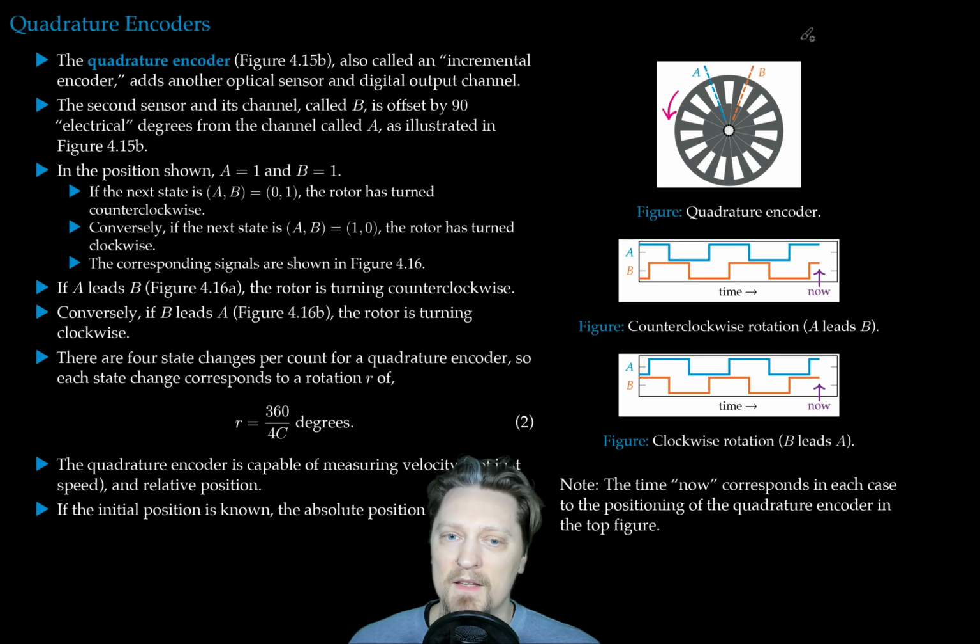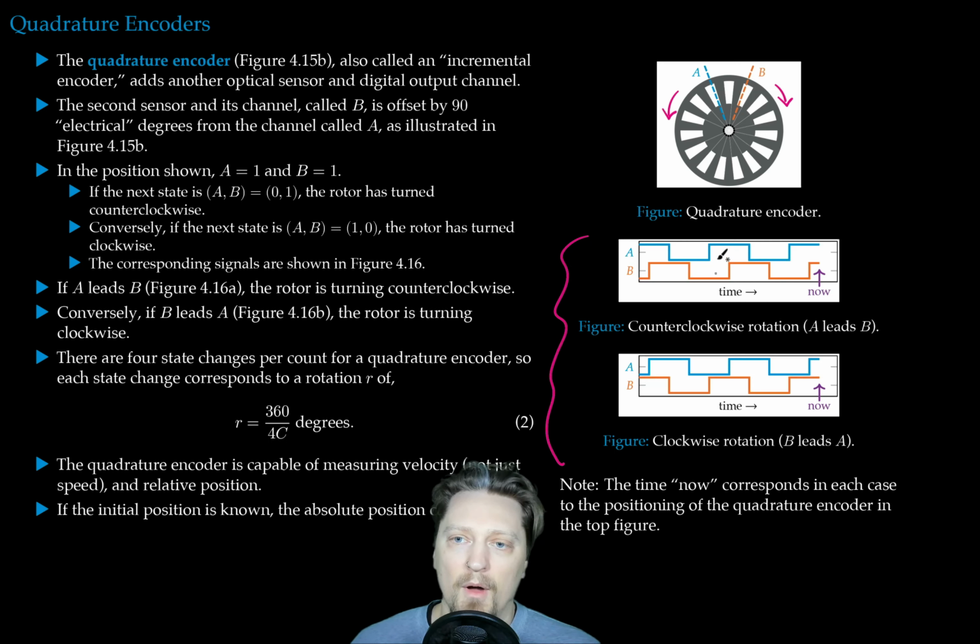Conversely, if the next state is A, B equals 1, 0, so A is still 1 and B is 0, we must have rotated this way, so that A is still 1 and B is covered up by the line. The corresponding signals are shown in 4:16, which are these two figures here.